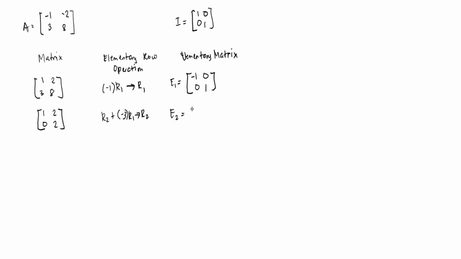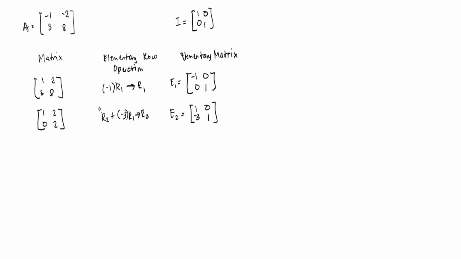Again, we will get the corresponding elementary matrix. We apply this not to this matrix, but instead to the identity matrix. So we multiply row 1 by negative 3 and add to row 2, so we have negative 3, then we have 1.